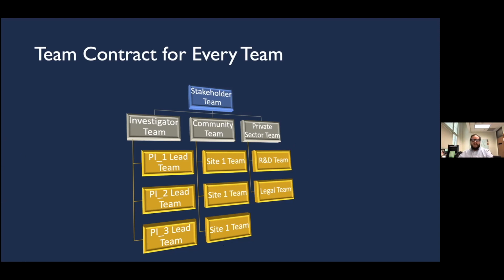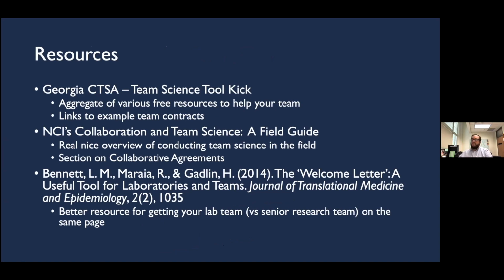And this last slide, and I think most of these are within the resources that are in your packet, but the Georgia CTSA has a great team science toolkit. I'm part of their efforts, and it aggregates various team resources to help your team. There are links in the Georgia CTSA toolkit to example team contracts.